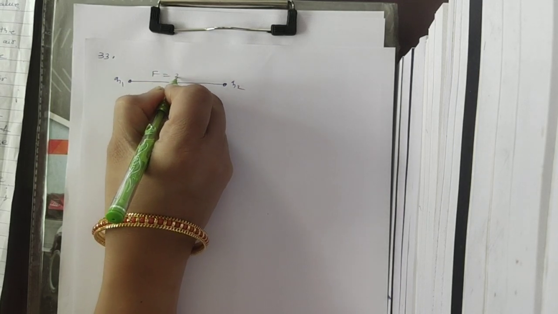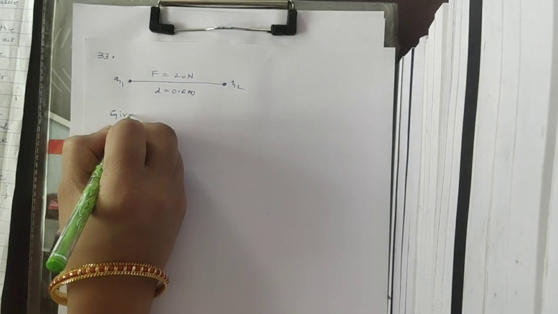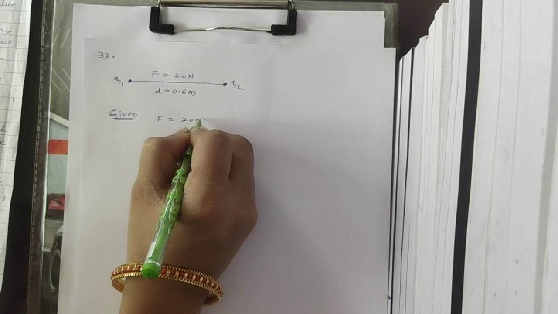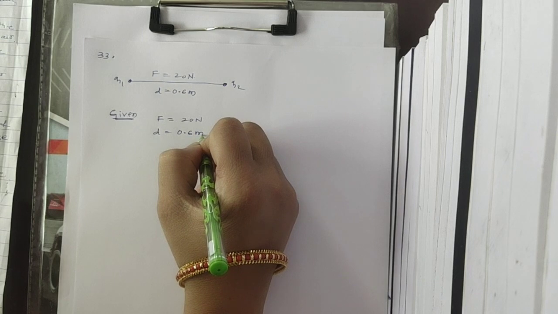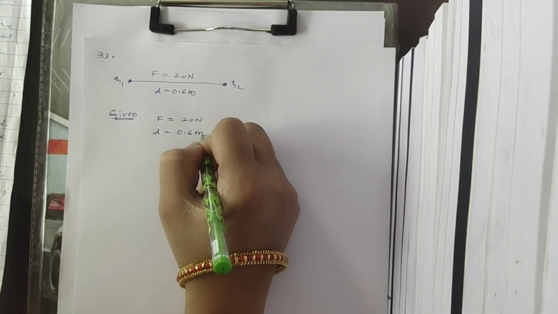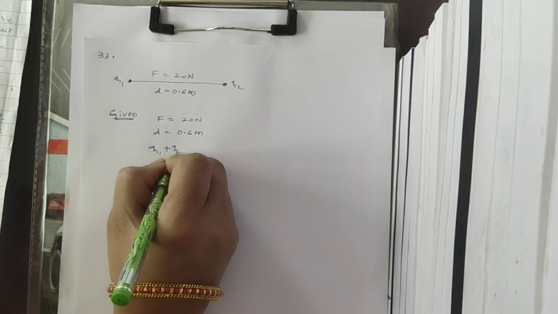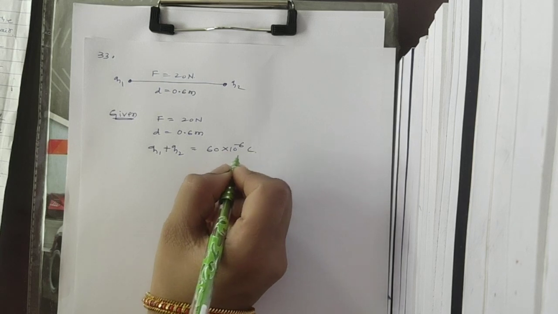Force 20 Newton is given. F equal to 20 Newton, D equal to 0.6 meter. Q1 plus Q2 equal to 60 into 10 to the power minus 6 coulomb.